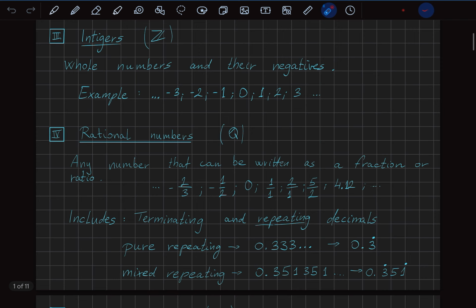The fourth group is the rational numbers. It's the Q. Any number that can be written as a fraction or a ratio.